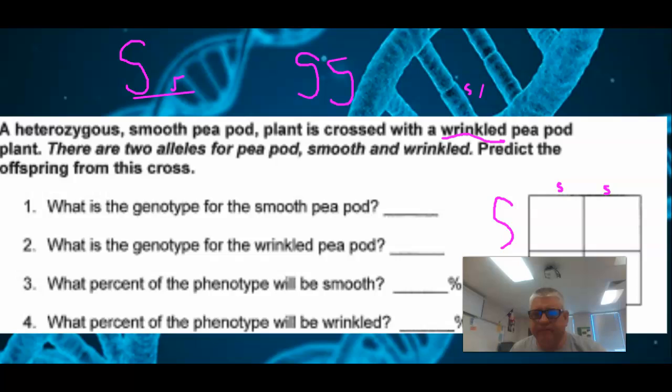Okay, so how do we do this? This one and this one go in here. Capital, lowercase. Sorry it takes me so long. Capital, lowercase. And then this is little, so we've got lowercase, lowercase.